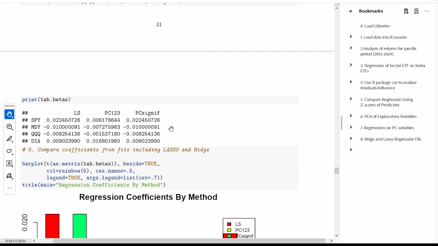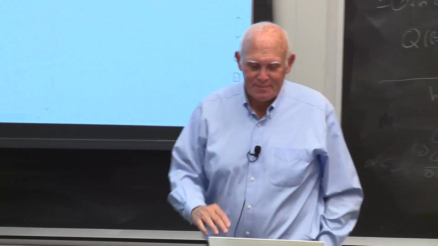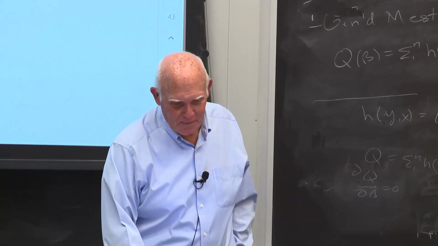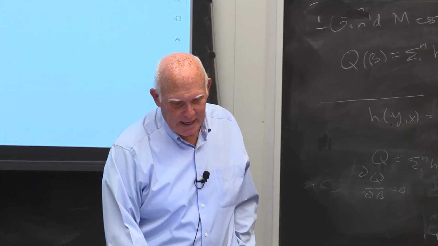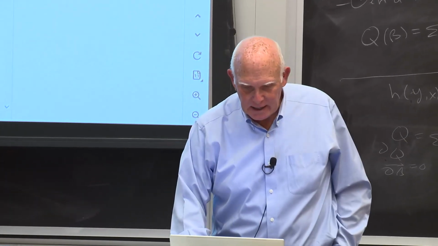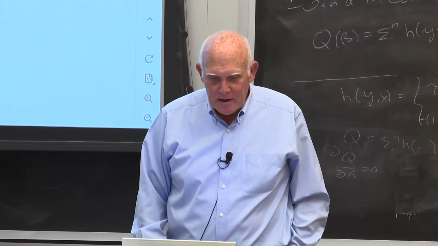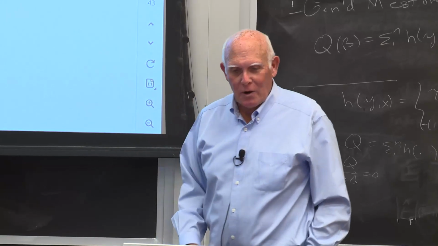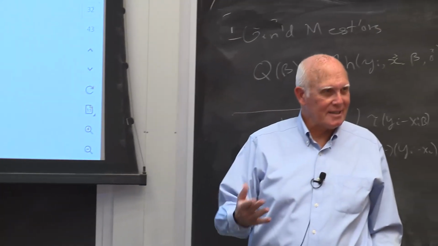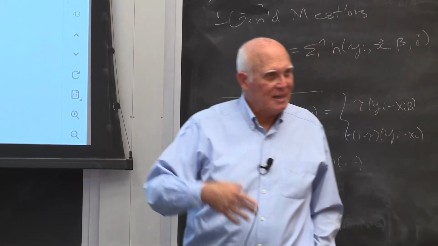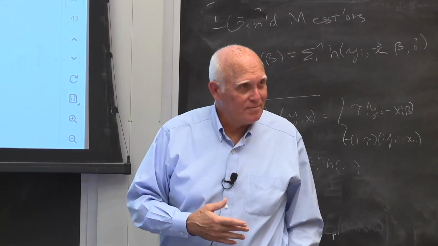Now, when I did this a few years ago, it ended up being the case that the p-values for, I think it was the second principal component variable, was not significant at all.